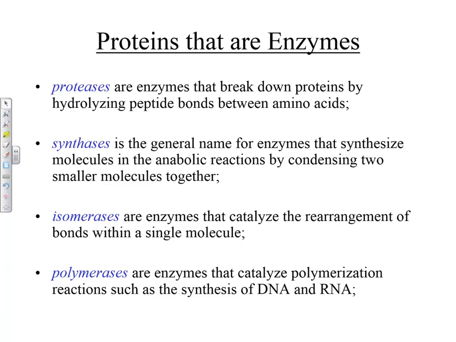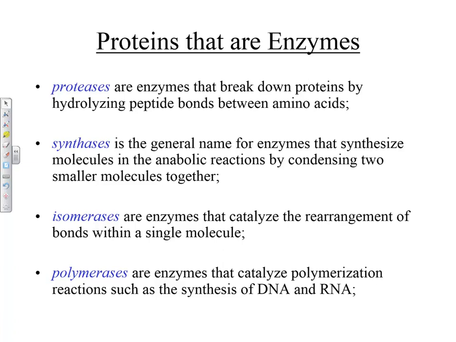Yes, go ahead. But synthesis is also... Polymerization is also synthesis. Yeah, they're similar. But with synthase, you might have what they call ATP synthase. That's not a polymerization reaction. That's something that produces ATP from ADP.